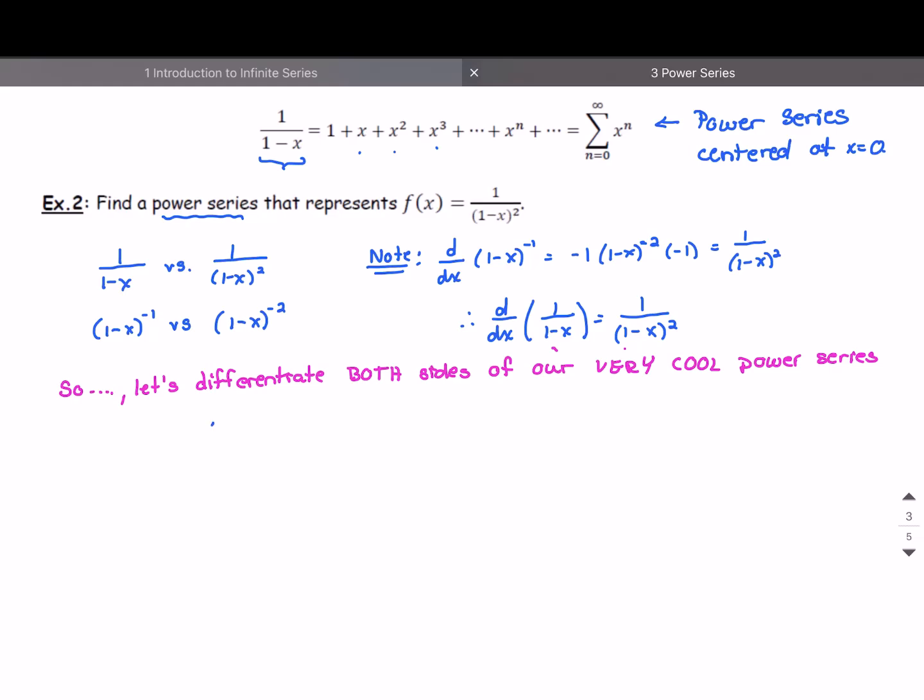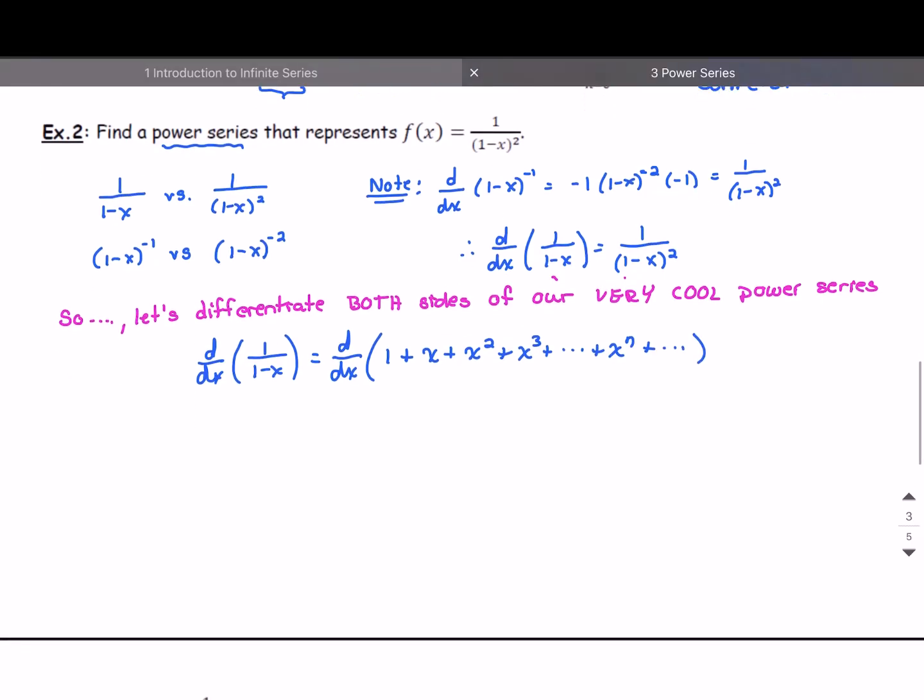So in other words, we're going to take the derivative with respect to x of 1 over 1 minus x, equals, and we're going to take the derivative with respect to x of 1 plus x plus x squared plus x cubed plus x to the n and so on into infinity.